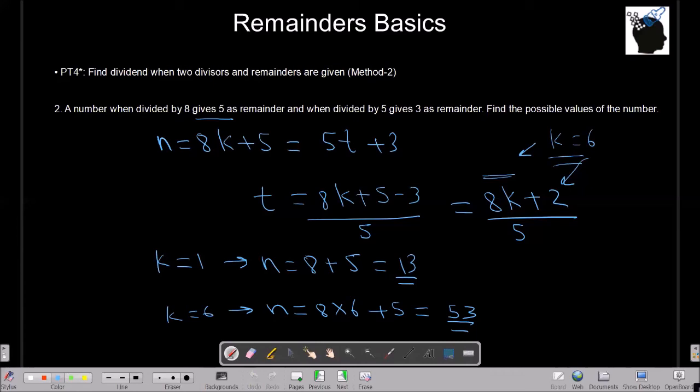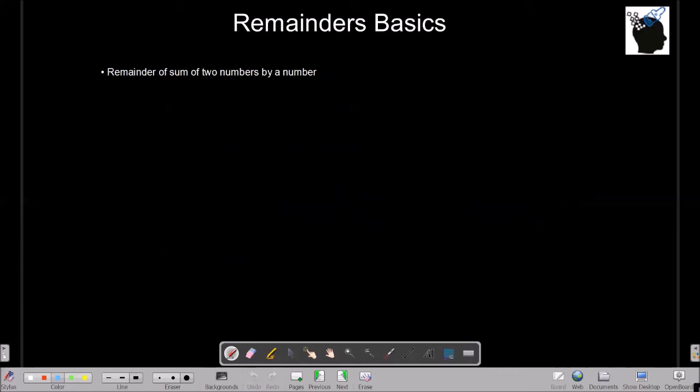Now let's learn other concepts of remainders. So how can we find remainders of sum of two numbers by a particular number? Let's take an example. So let's say I'm trying to find remainder of 21 by 5. I know this remainder will be 1.